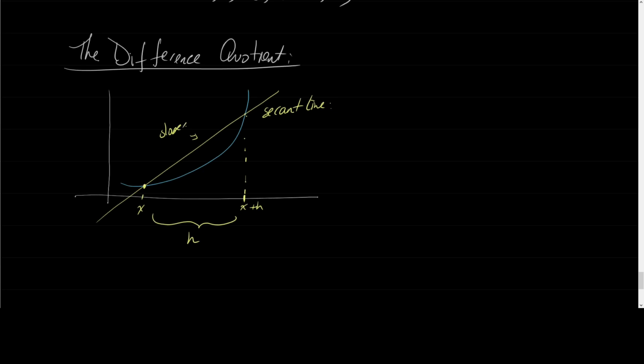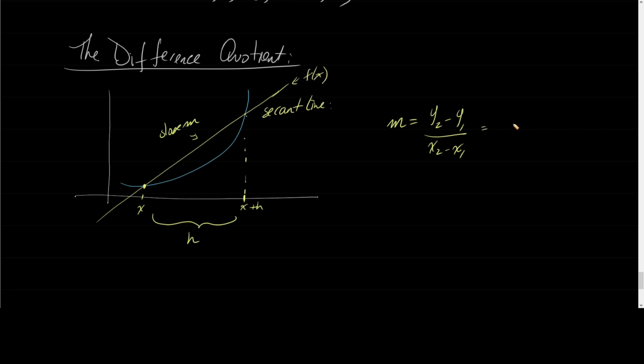I'm going to call the slope m, and m is given by y sub 2 minus y sub 1 over x sub 2 minus x sub 1. But instead of calling this y, I'm calling it f of x.